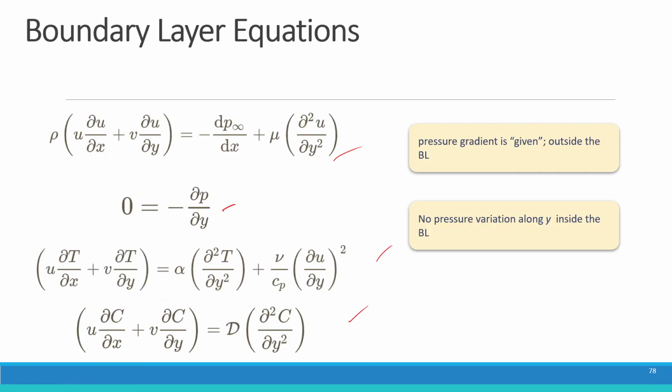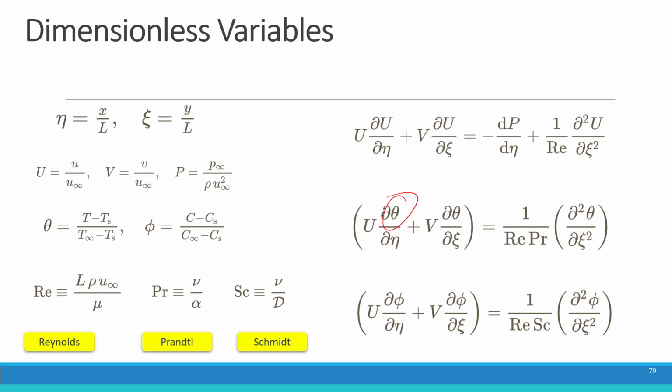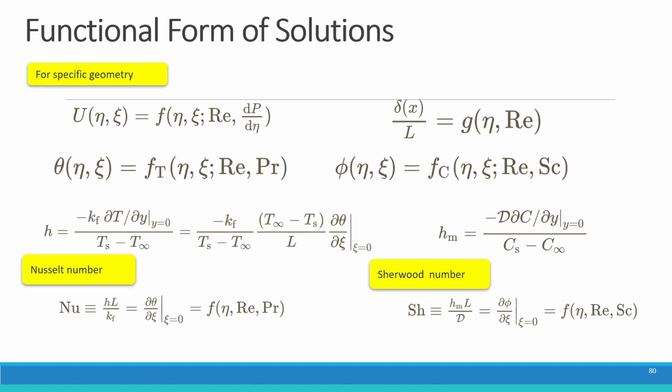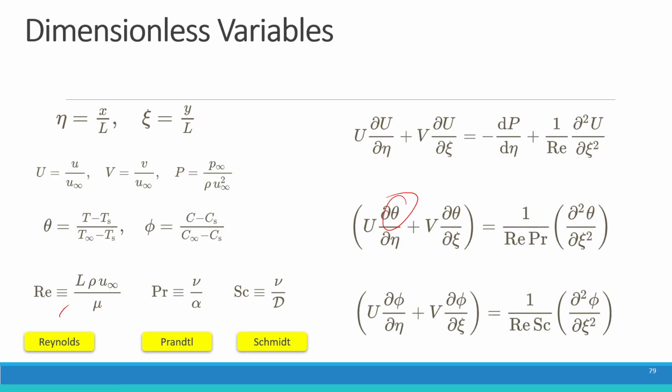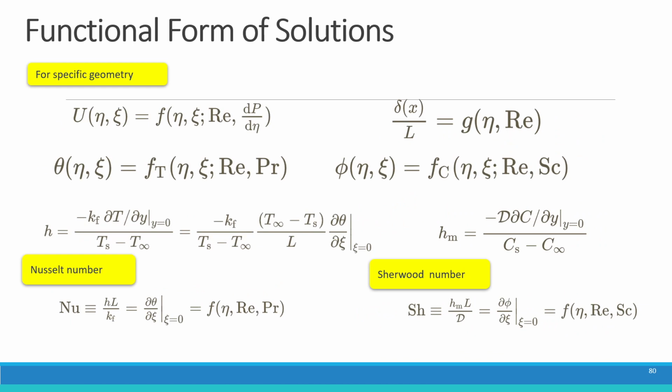While we solve these equations, we define various dimensionless variables such as the Reynolds number, Prandtl number and Schmidt number. These are very important dimensionless quantities that you need to keep in mind. Ultimately this boundary layer theory will give us solutions, that is, velocity is a function of eta, which depends on x, the distance from the leading edge, y, the distance in the y direction, the Reynolds number, and the Prandtl number.